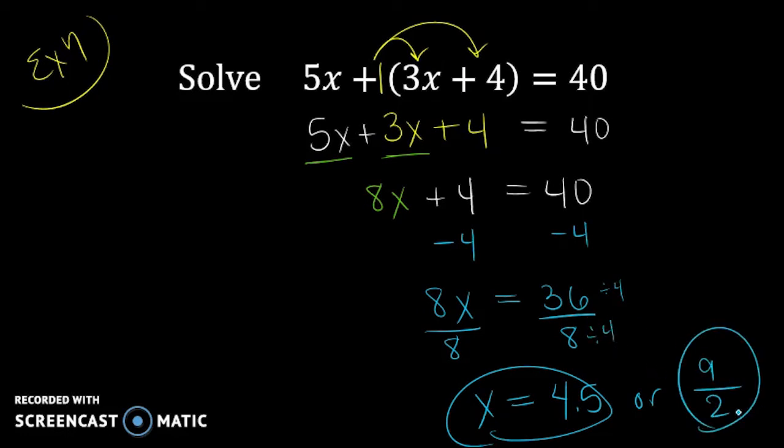So you could have 9 over 2, and that would be fine also. Just remember, we like to leave our fractions as improper. But they do have to be in lowest terms. And then you should check this back out. Again, you can put the 4.5 in for each of the x values and solve, and you will get 40.